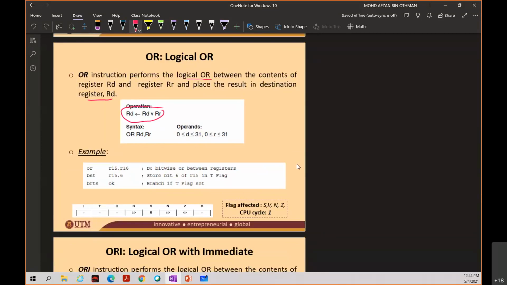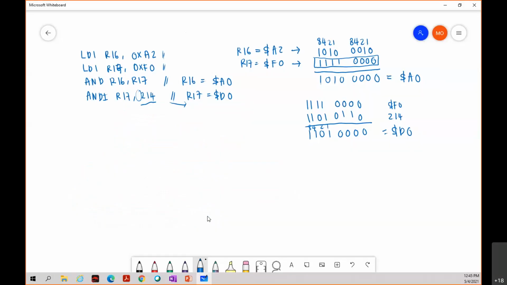Every time you see this symbol, you know that you're going to perform a logical OR and put the result in your Rd. This is the syntax and these are the operands. What about the flags affected after you execute this instruction? Only four flags are affected, which are S, V, N, and Z. Now we look at the examples.